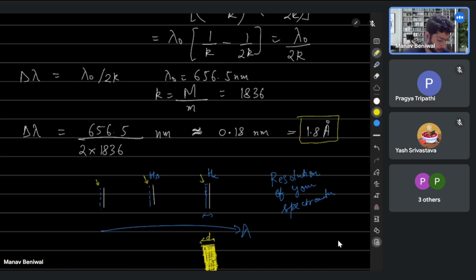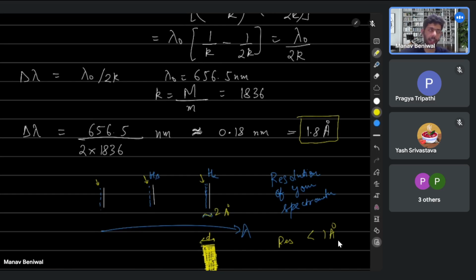But if your resolution is less than 1 angstrom, then you can separate these two, because this distance is roughly 2 angstroms. So then you can see both the radiations.